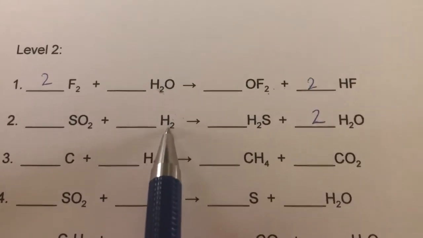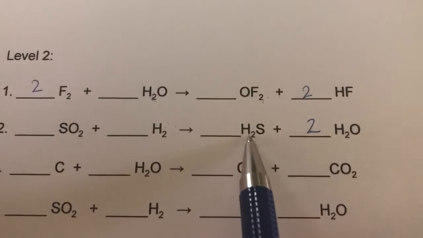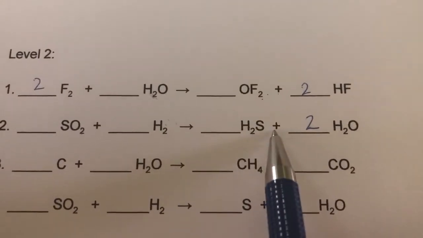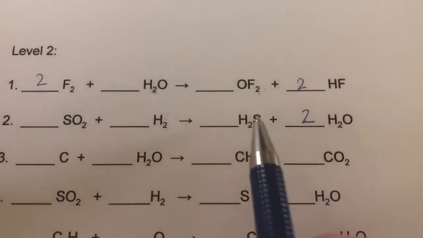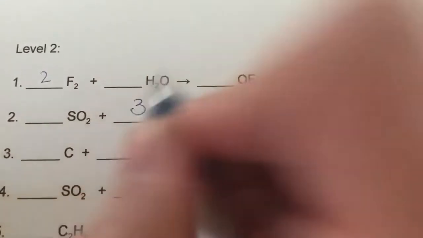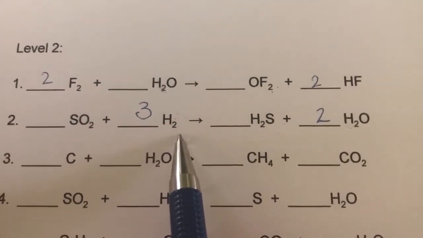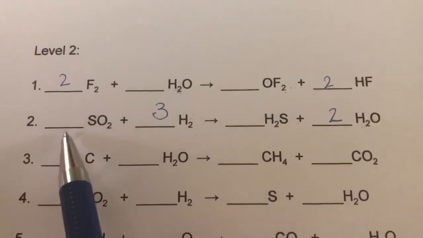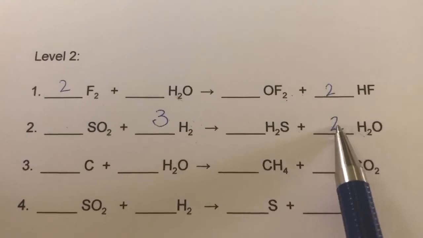My hydrogen on the reactant side shows 2 hydrogens, but on the product side, I have 2 hydrogens plus 4 hydrogens. 2 times 2 is 4. So 2 plus 4 is 6. So that means I have to have a coefficient of 3 to get 6 hydrogens. So now my ratio is 1 to 3 to 1 to 2.